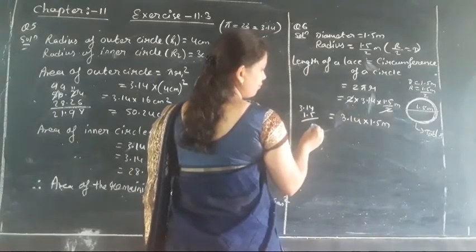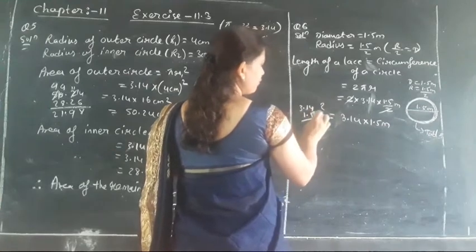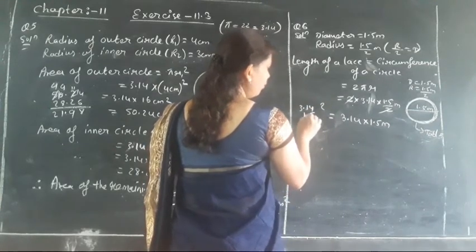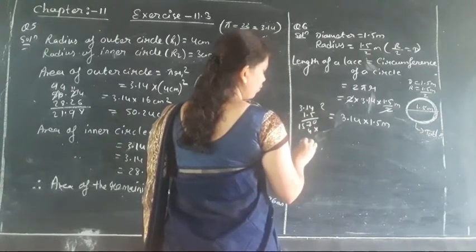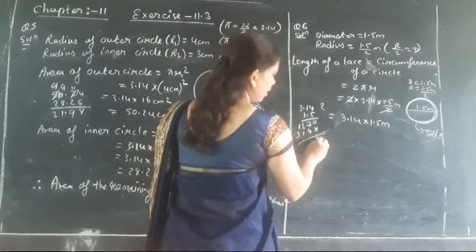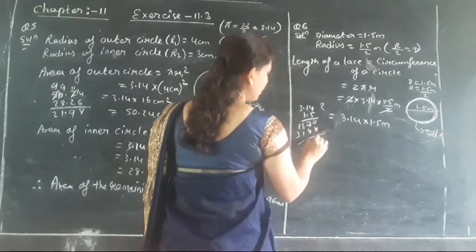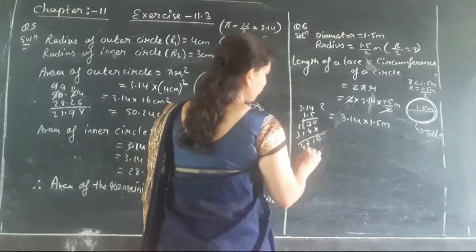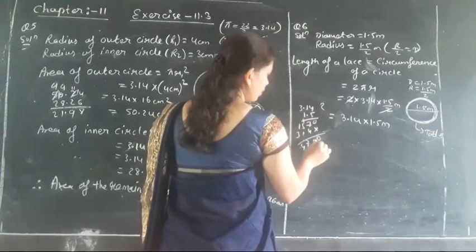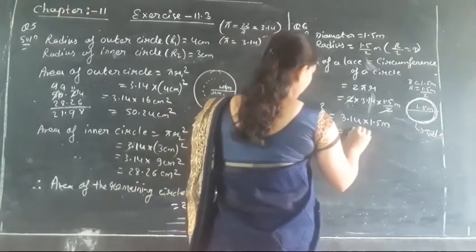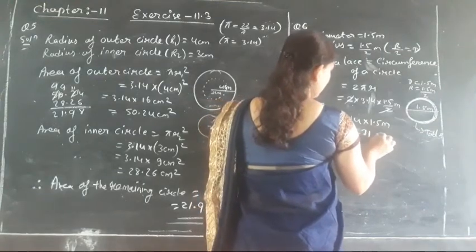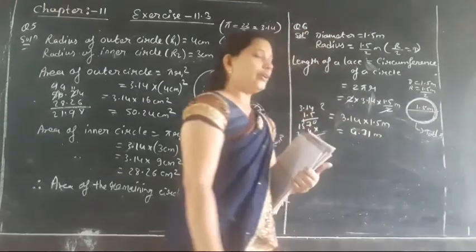So 5 4s are 20, 5 1s are 5, 5 3s are 15, into, here it will be multiplied with 4 1 3. Okay, now add it. Now decimal, 1 2 3 decimal places. So the result will be 4.71 meter. Clear to everyone?